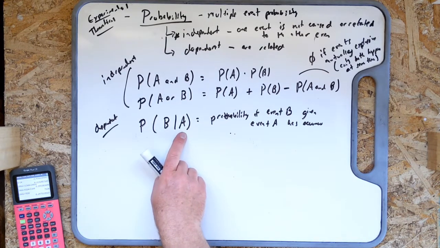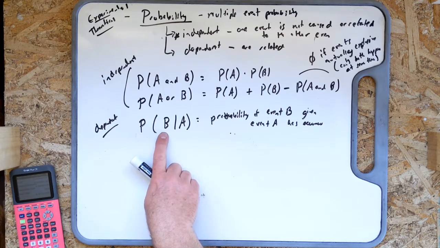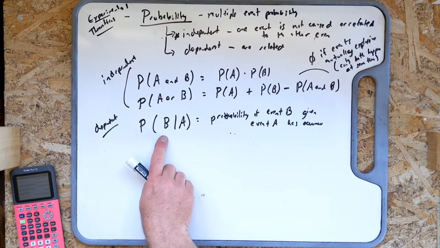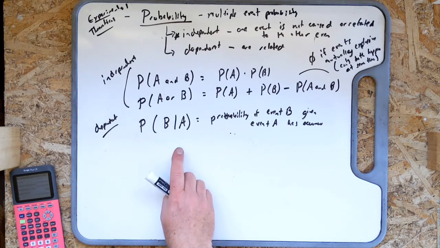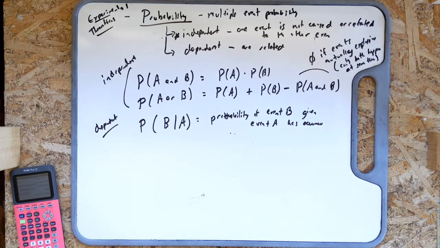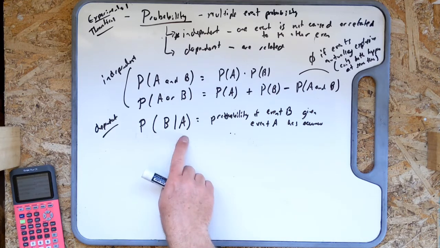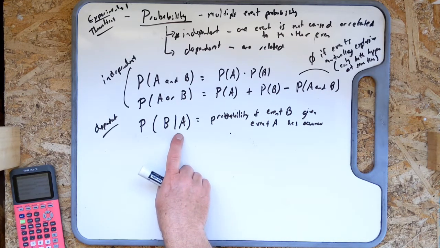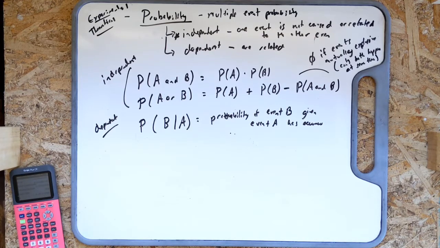Effect A occurring, effect B, and it's written as P(B|A), which means the probability of event B occurring given that event A has already occurred. You can do these theoretically if you have these probabilities, but most of the time these are done through experimental calculations or data, like we did in our tables.